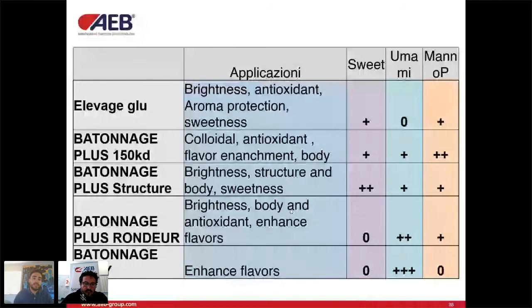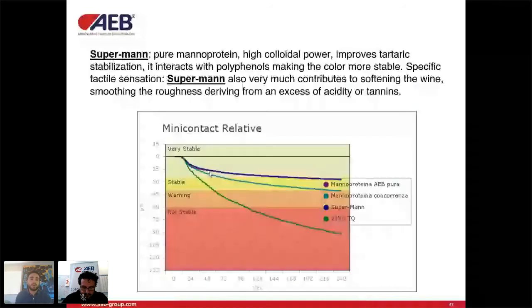Also, IB has a product that is a pure monoprotein. It's called Superman, and it is the one that has the high colloidal power. So it's the one targeted to improve tartaric stabilization, but it also has a specific tactile sensation.